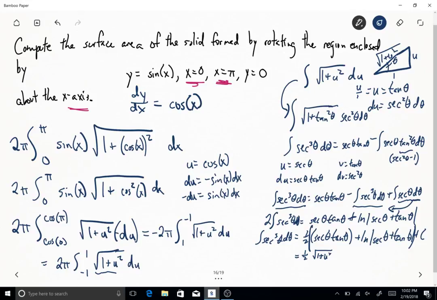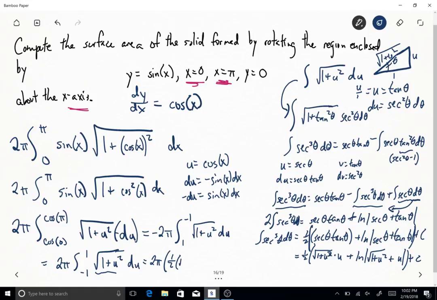The tangent theta was just u. And then we had 1/2 times the square root of 1 plus u squared, plus natural log of the square root of 1 plus u squared plus tangent theta, which was just u, and then plus c. But now we're going to have to plug that in over here. So we'll have 2 pi times 1/2. Oh, that was times the whole thing.